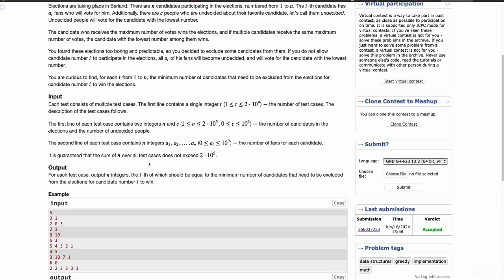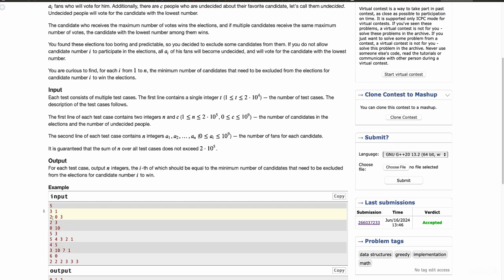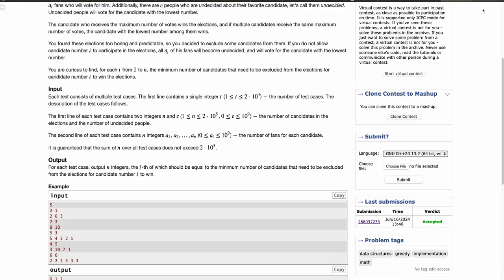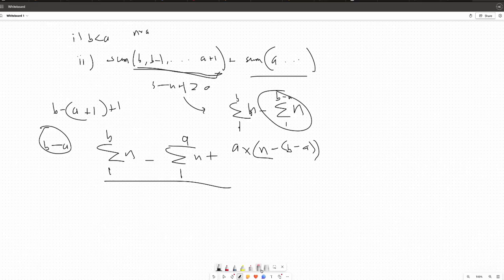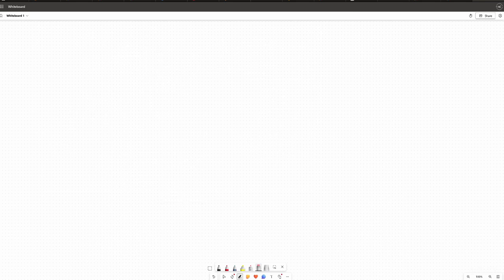First, let's see when a candidate wins the election. A candidate wins the election when he gets the maximum number of votes, right? So suppose this first candidate has to win the election in this particular test case. Let me write it down: 3 1 2 0 3.